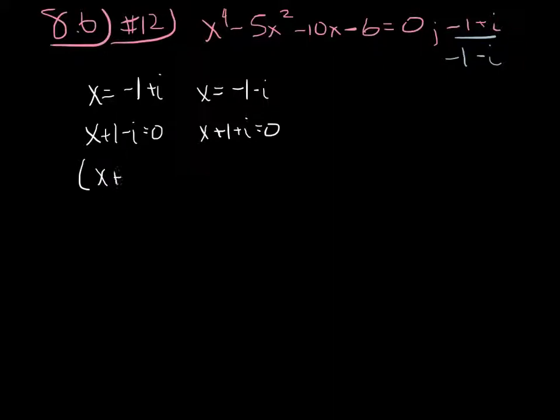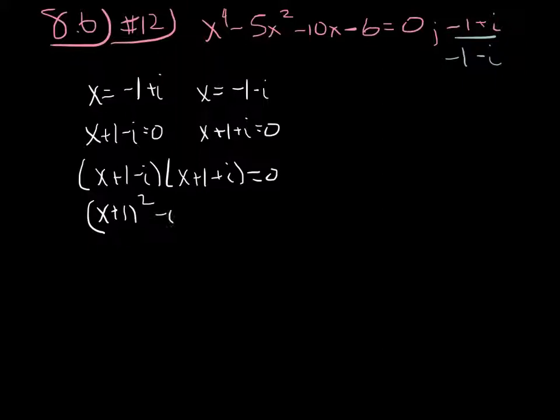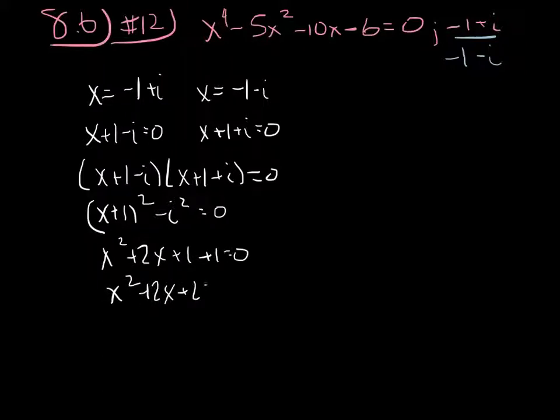So the product of those is a root also. So that's x plus 1 squared minus i squared is equal to 0. Alright, and that gives me x squared plus 2x plus 1 plus 1, so x squared plus 2x plus 2 is equal to 0.